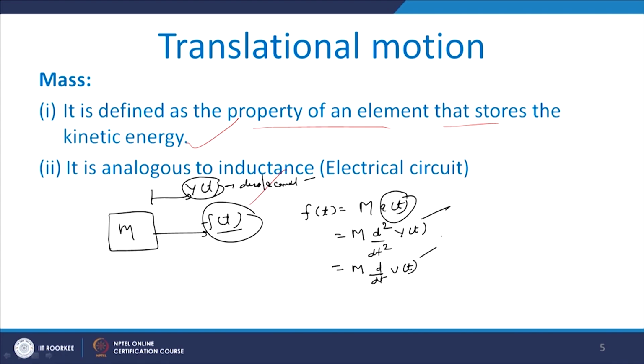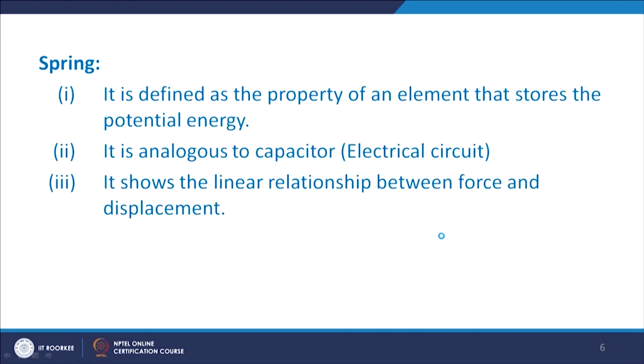Now coming to the spring, it is defined as the property of an element that stores potential energy. It is analogous to a capacitor in an electrical circuit, and it shows a linear relationship between force and displacement. Now how do we represent the spring mathematically?